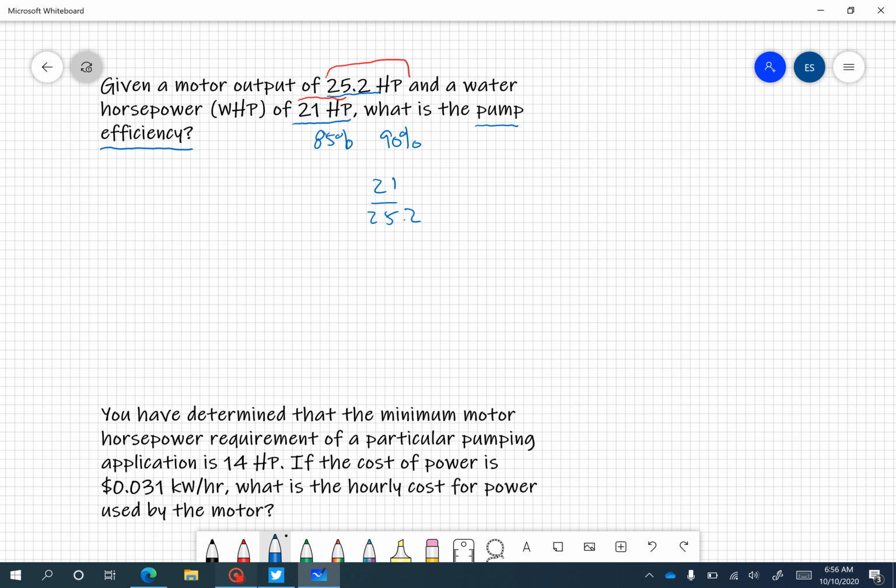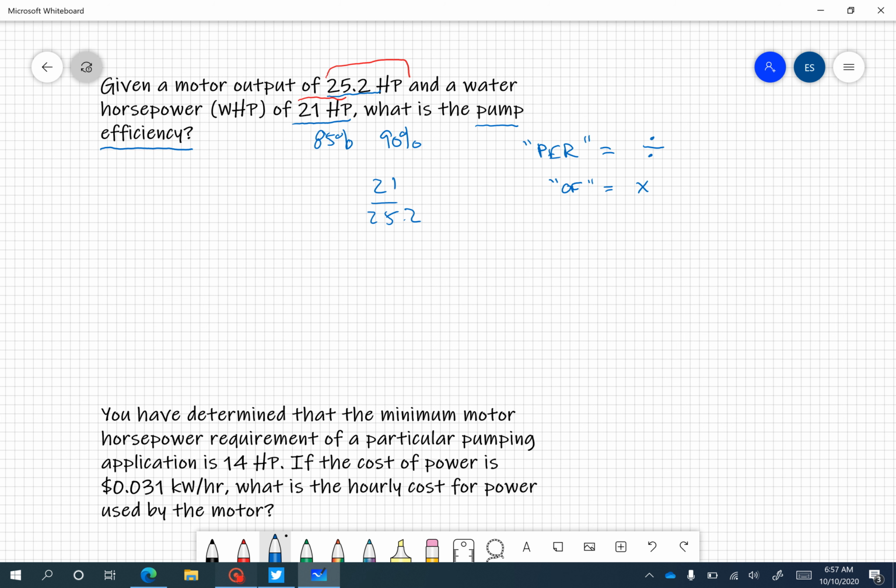So we've been talking a lot about how the word per in math means that you have a division problem. So in addition to that, the word of is always going to mean multiply.